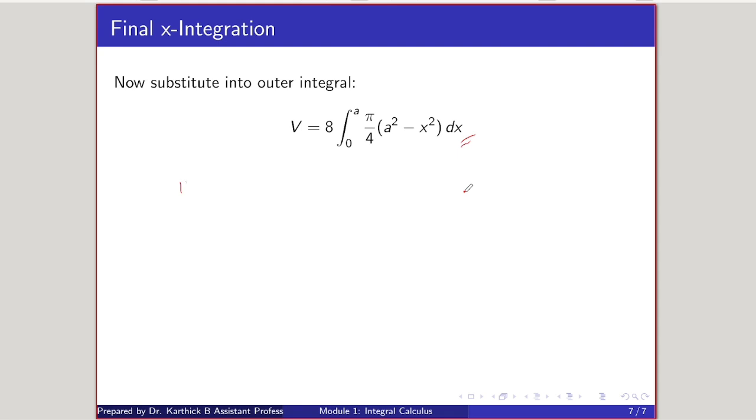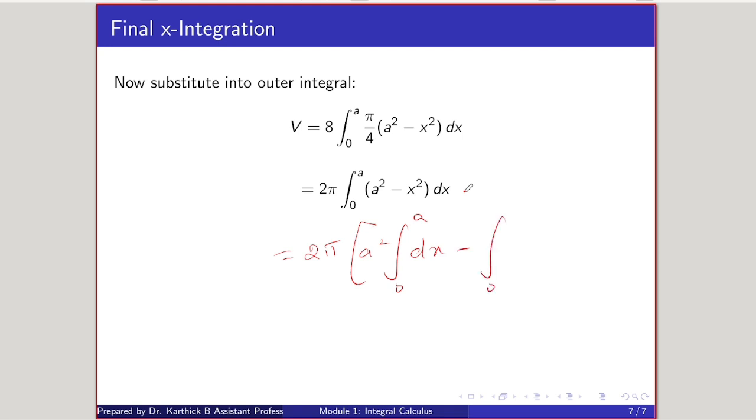I keep the pi by 4, and with the 8 it will be 2 pi after cancelling, times a square minus x square dx. Now I have to evaluate this part. You can split this integral. 2 pi will be a constant. I am splitting the integral: a square is a constant, so we may keep a square outside, integral of dx, minus the integral from 0 to a of x square dx.